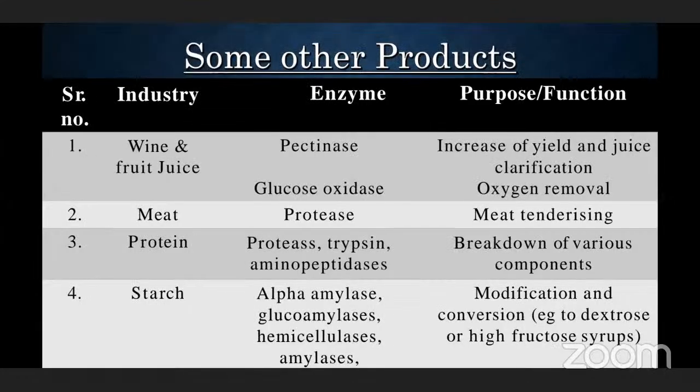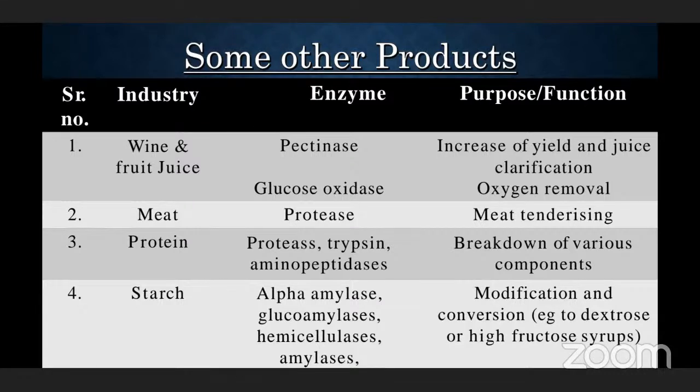Then in wine and fruit juices, we use pectinase and glucose oxidases, for juice clarification and oxygen removal. And then in the meat industry, proteases can be used for meat tenderization.